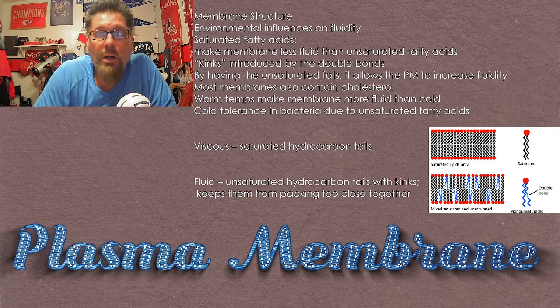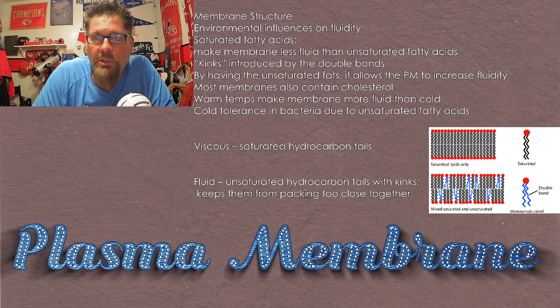So when we're talking membrane structure, we want to talk about some things here that bring about the properties or the various functions. I mentioned this in the first video, but having those double bonds in those fatty acid tails, those kinks, creates a big difference in the bilayer.